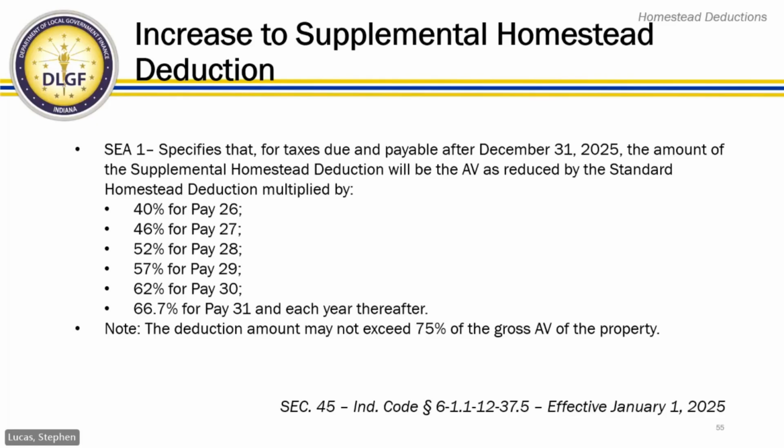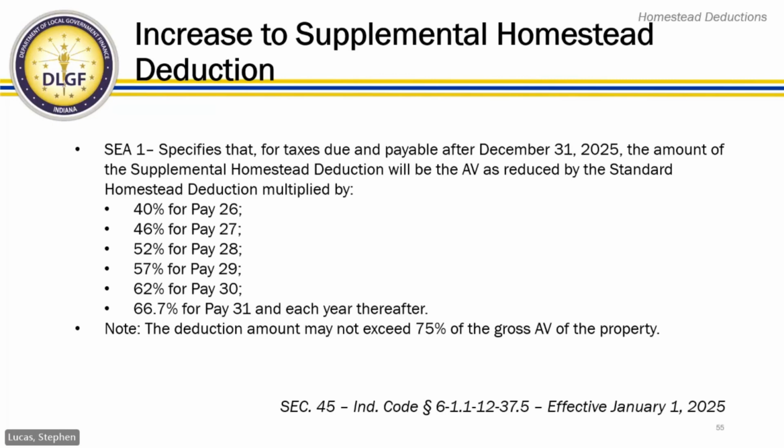By pay 2031, the supplemental deduction will be essentially 2/3 of the gross AV of the property. So remember that the homestead deduction amount for pay 2031 is 0. So if you're subtracting 0 from the gross AV, you're going to end up with the gross AV. Just multiply that by 2/3, and that's the value of the supplemental deduction.